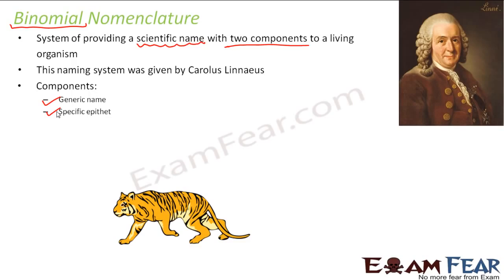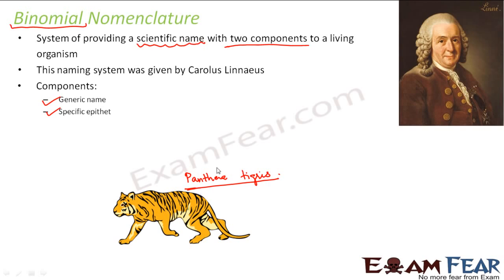This common name will consist of two parts. So what is the scientific name of tiger? Its scientific name is Panthera tigris. So this is the scientific name of tiger. You go to any part of the world and if you say Panthera tigris, everywhere Panthera tigris would mean a tiger. So what is Panthera?